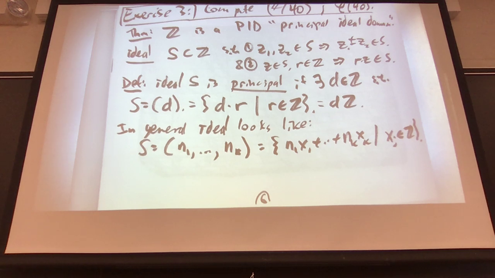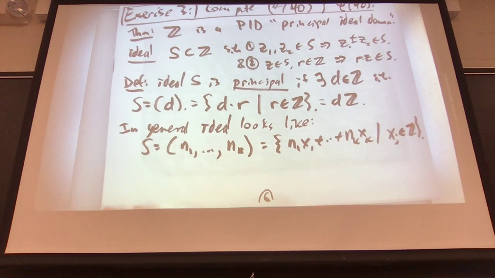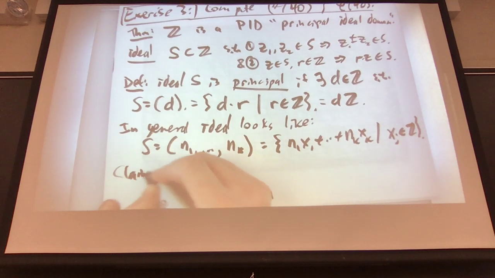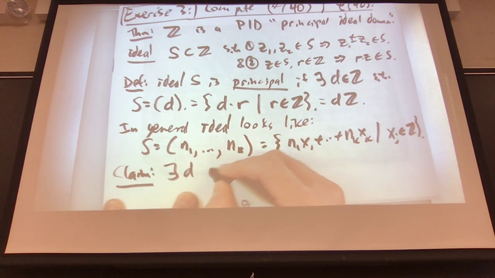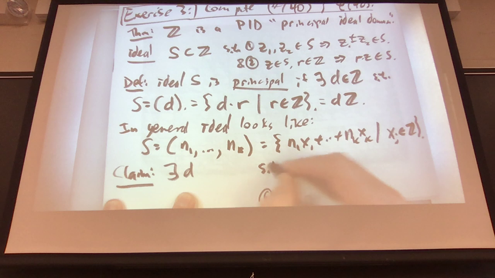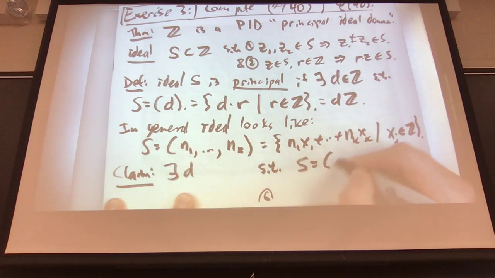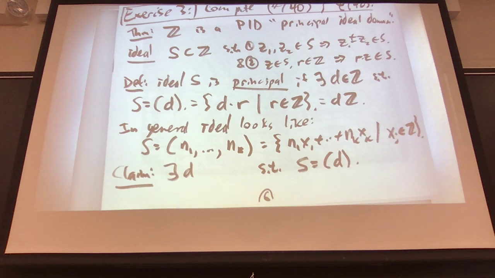What is the D? So my claim to prove this theorem is that there exists some integer D so that S is not generated by k things, but just generated by one thing.